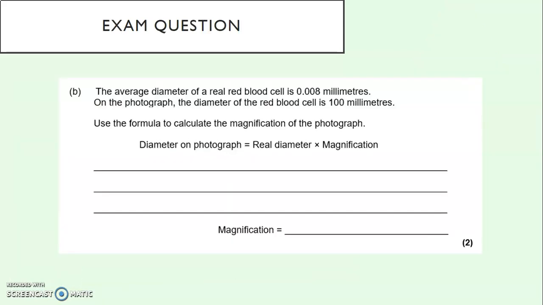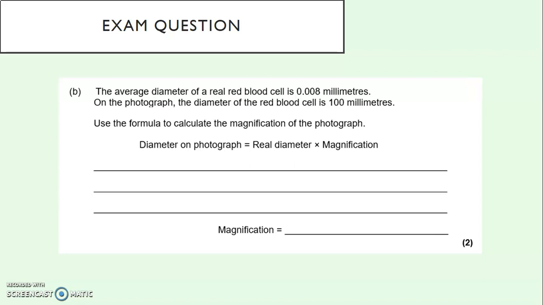So here's an exam question which I'd like you to have a look at. It's a typical one taken from actual exam papers. The average diameter of a real red blood cell is 0.008 millimeters. On the photograph, the diameter of the red blood cell is 100 millimeters. Use the formula to calculate the magnification of the photograph.